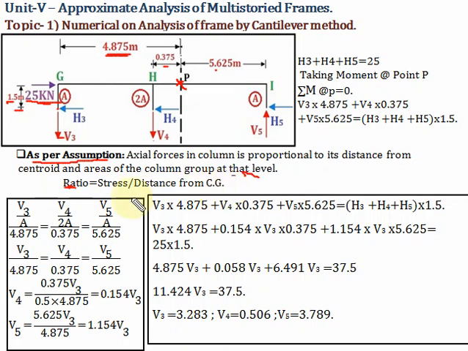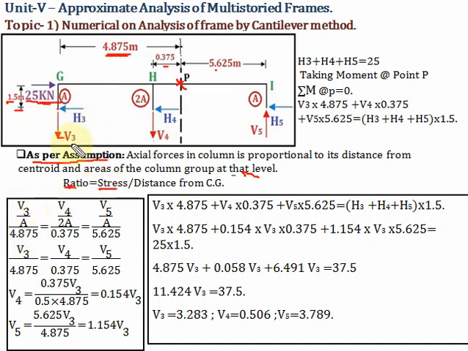Now you have to compare this ratio, stress upon distance from the CG, for each column. Here we have written V3 upon A. V3 is a force and A is the area, so V upon A, force upon area, is the stress.